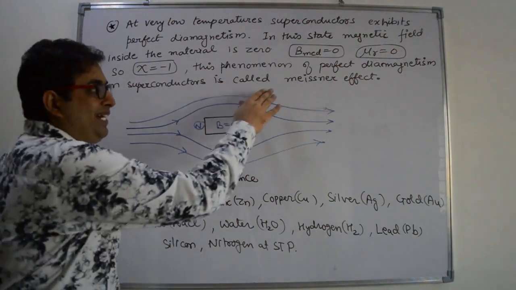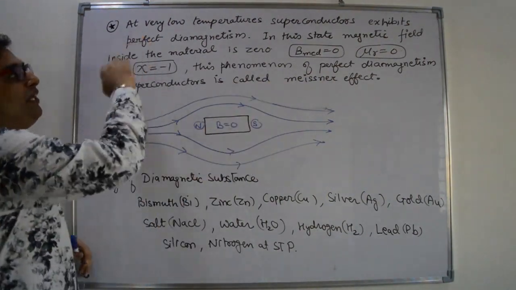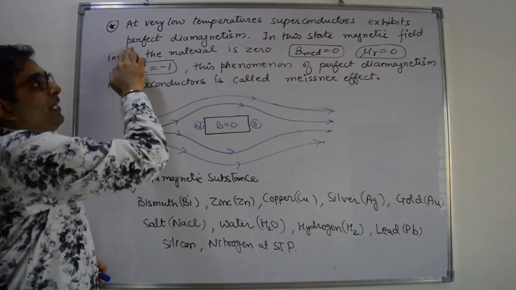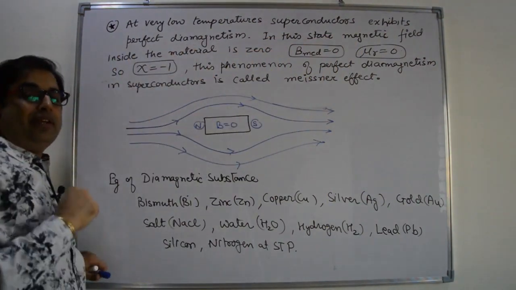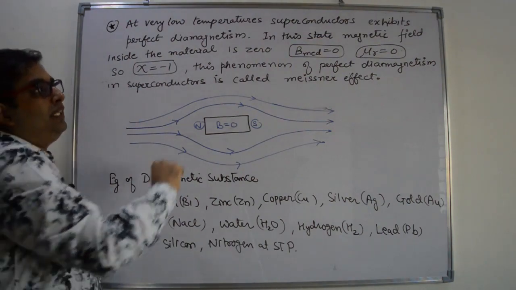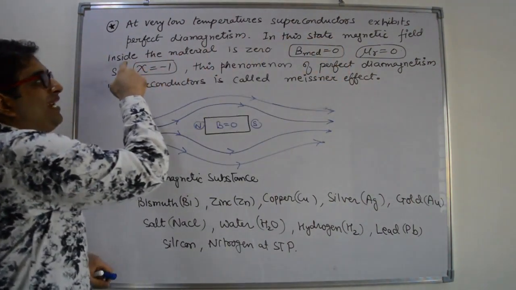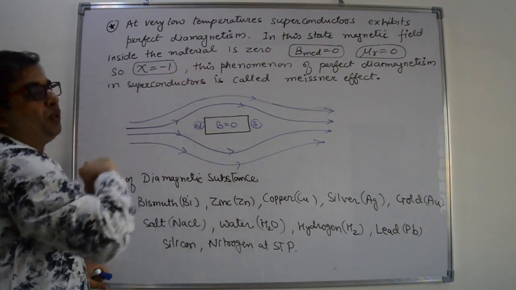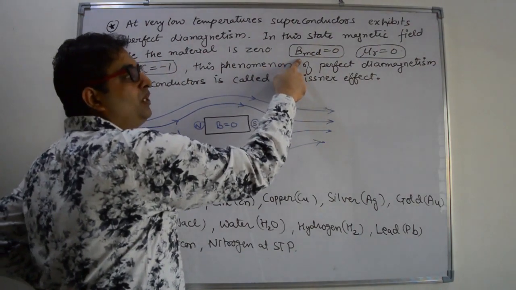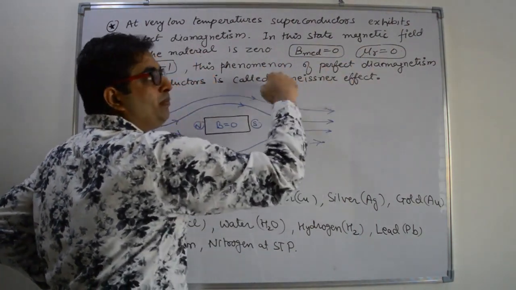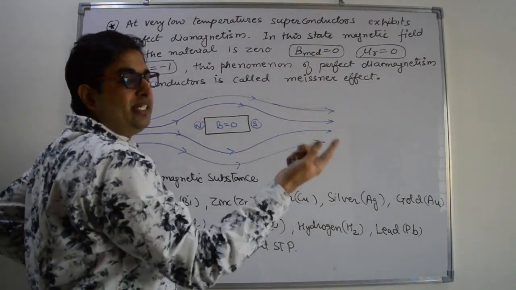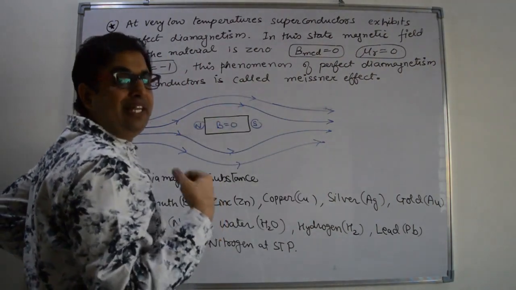Next is the Meissner effect. At very low temperature, superconductors exhibit perfect diamagnetism, right? They behave as a perfect diamagnetic material at low temperature. In this state, the magnetic field inside the material is zero. If the net magnetic field is zero, that means mu r is zero, because what is mu r? Mu r is the total magnetic field inside the medium divided by the magnetic field in air.